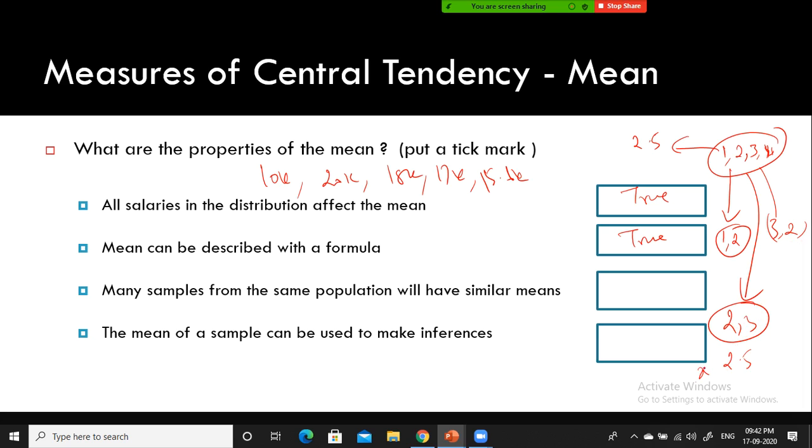The x bar, this sample mean, is 2.5. And if you take the sample mean for this, it is also 2.5. Can we say many samples will have similar means? Can we say this is true?